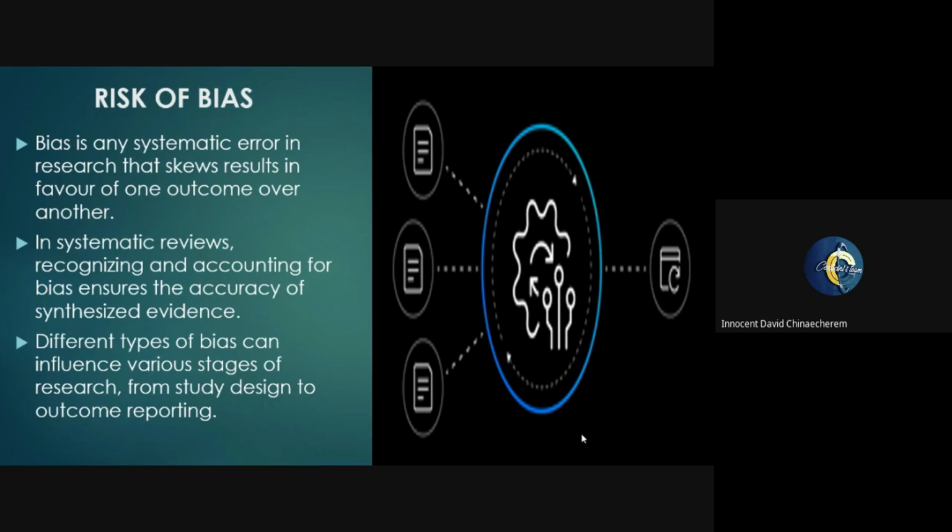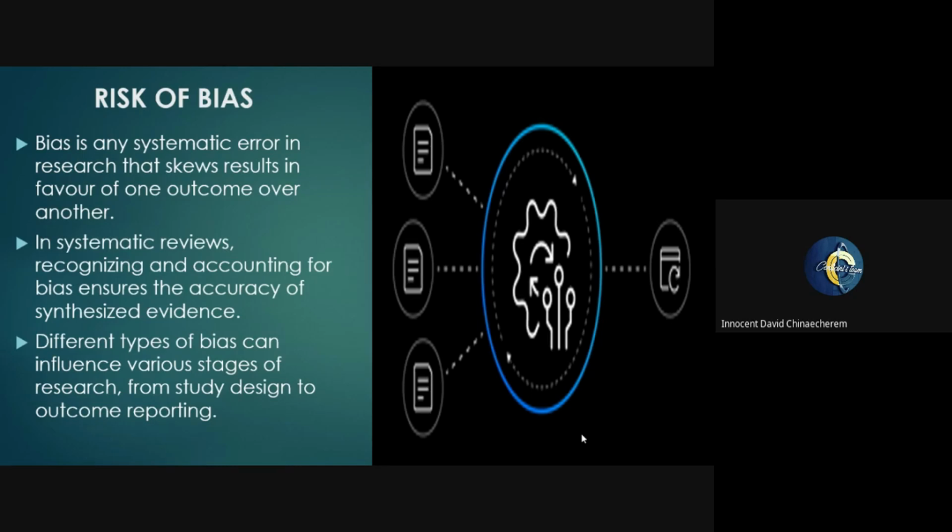So we should recognize the type of studies that we're including and know the type of accuracy these studies are reporting, so that we don't find ourselves plunging into bias.